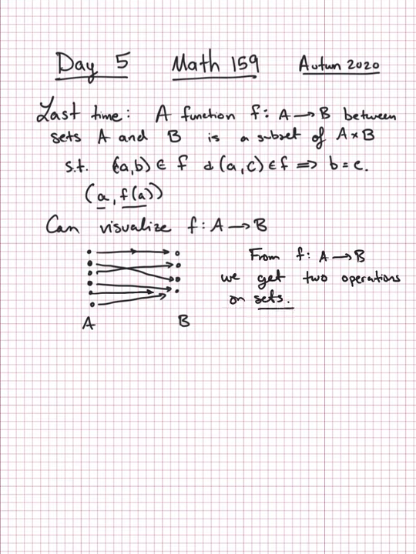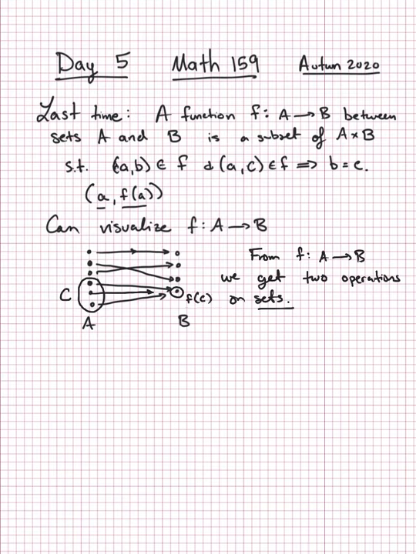So namely, we can take a subset of A and map it to a subset of B under f, or we can also look at a subset in B and see what gets mapped into it. Okay, so this might be my subset C of A, and these all got sent to this point f(c).